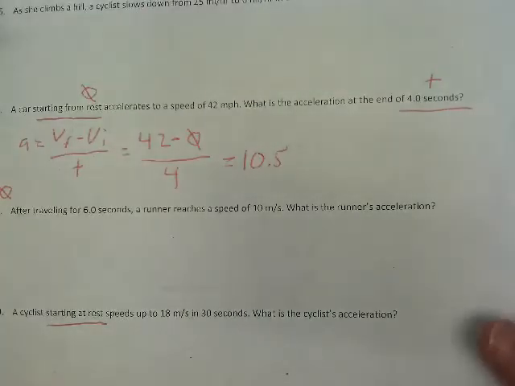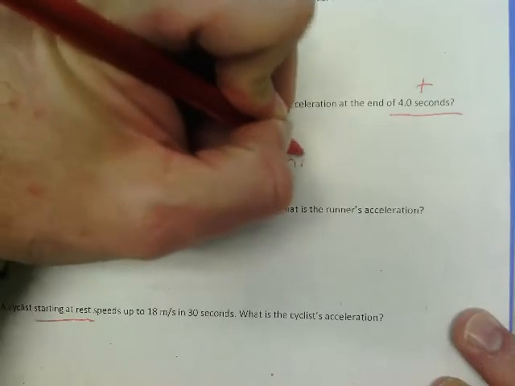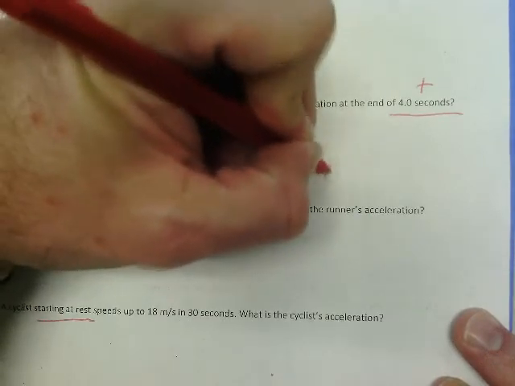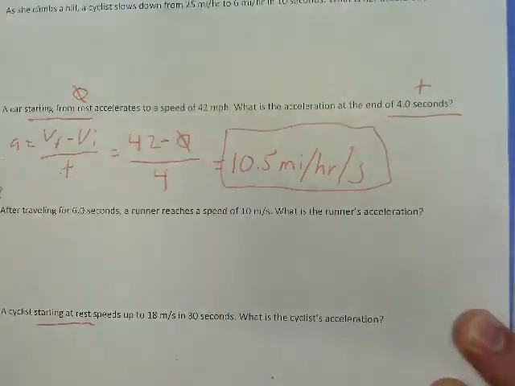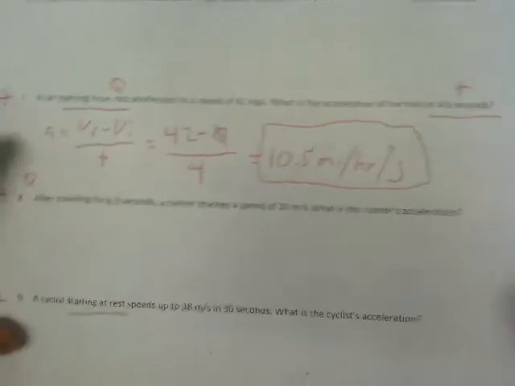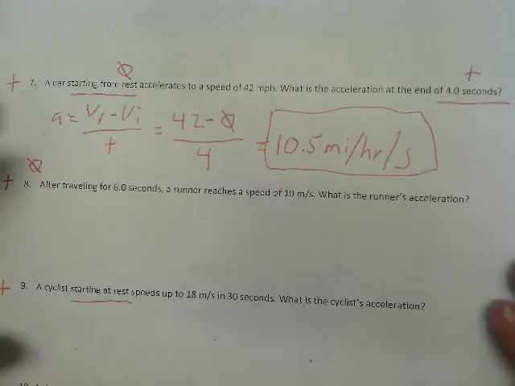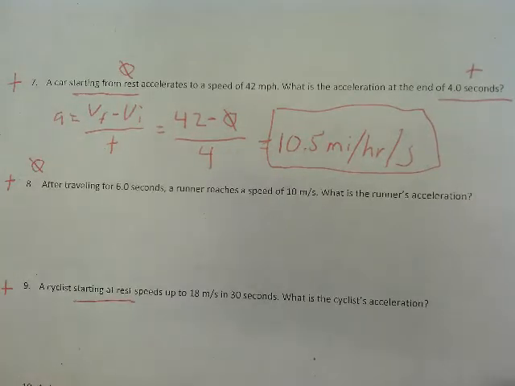Now, here's what's different between these. This is going to be miles per hour per second. Okay, so that's number 2 worked out for you. I guess I'll go ahead and work out a third and leave you 7 to work out.